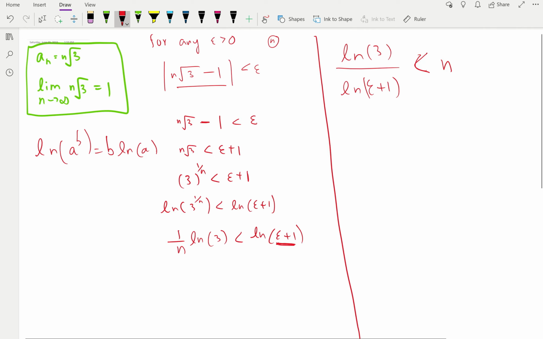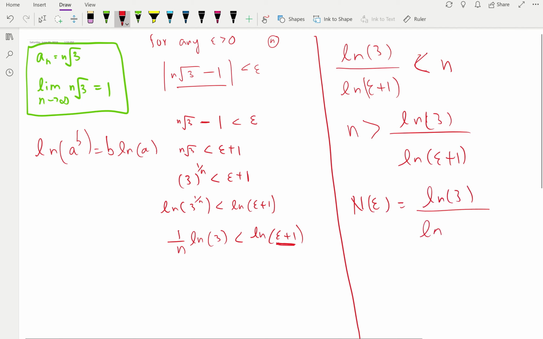So this is the relationship. I can write n is greater than natural log 3 over natural log of epsilon plus 1. Perfect. Now this is your capital N. It's a positive number if you are worried, okay.